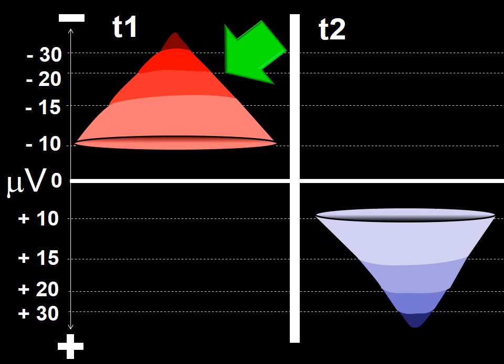Hence, at one instant in time, all the potentials in a negative field will be more negative than its minimum. I have represented this by the aqua arrow. And at another instant in time, all the potentials of a negative field will be less negative than its maximum.